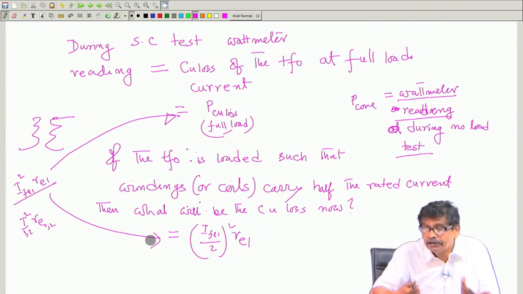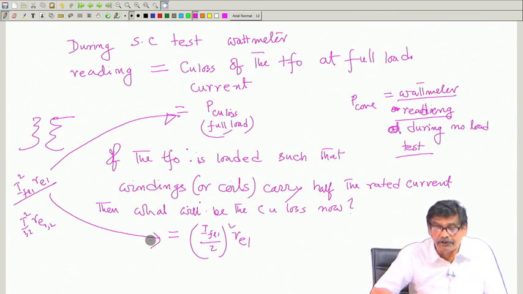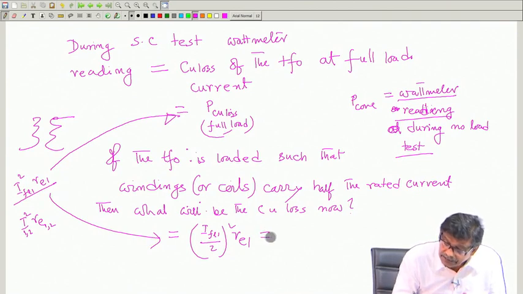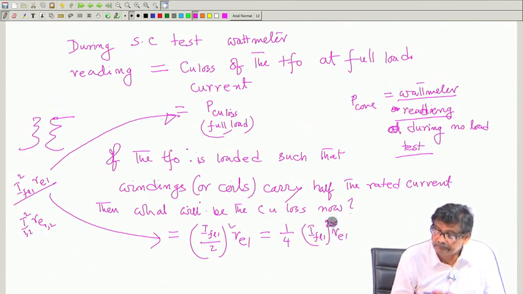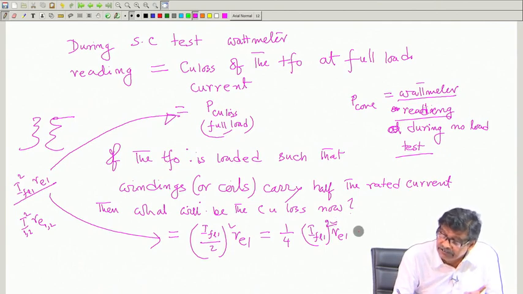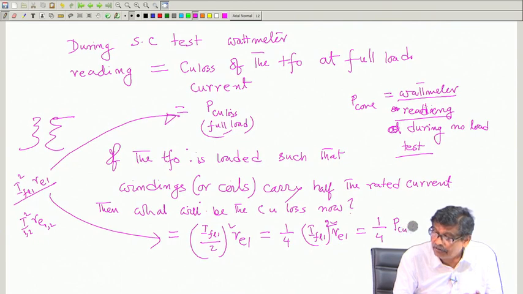So, I squared into R_E1 will be the total copper loss, that is, it becomes 1/4 into I_FL1 squared into R_E1, which is nothing but 1/4 into P copper loss at full load.